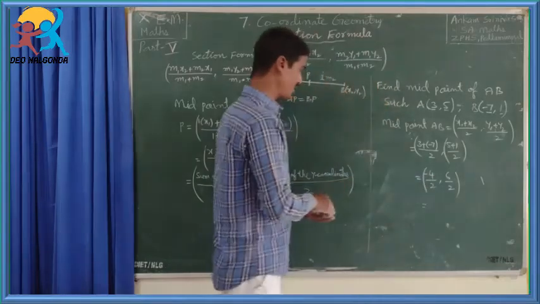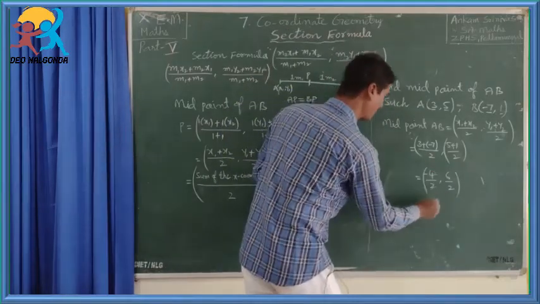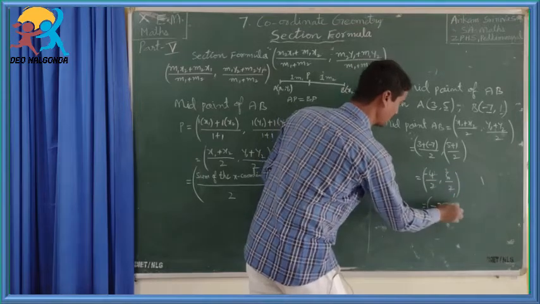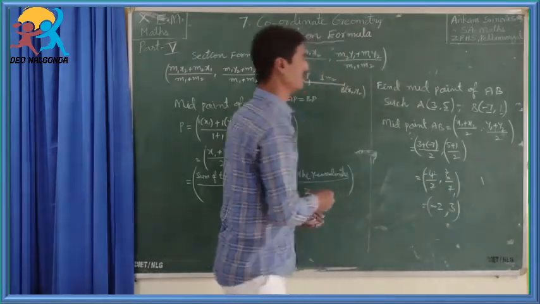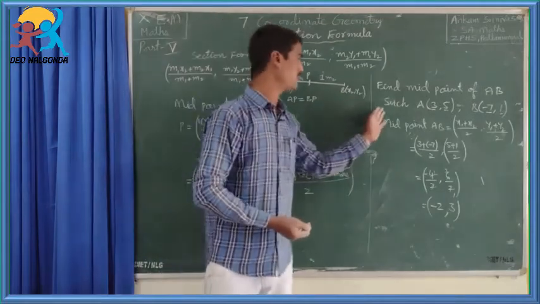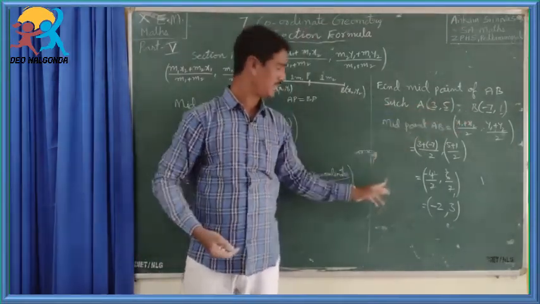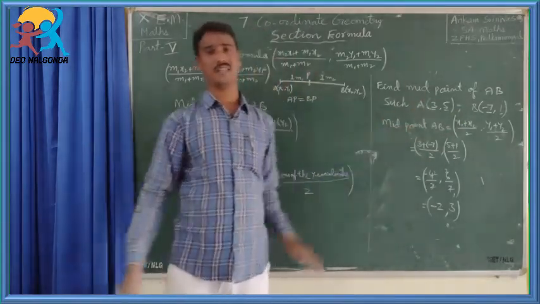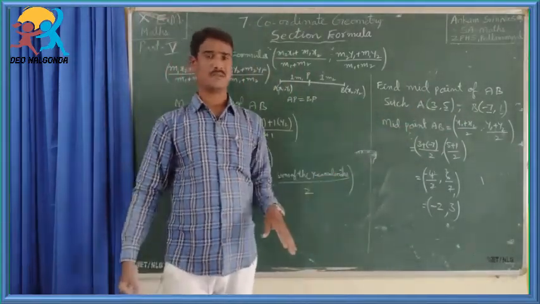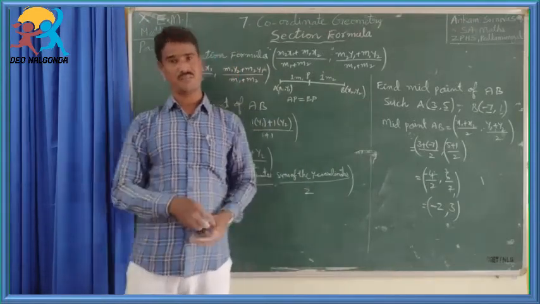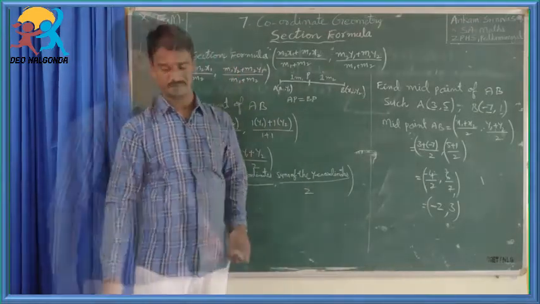Now here 2 ones are 2, 2 twos are 4, we get minus 2, and 2 ones are 2, 2 threes are 6. So 3. So easily the midpoint of the line segment joining 3 comma 5 and minus 7 comma 1 is minus 2 comma 3. Very easy problem. Usually we will get a half mark and 1 mark question in the SSC examination.